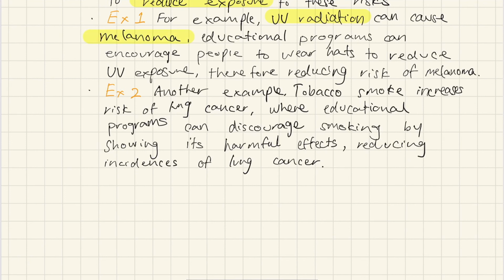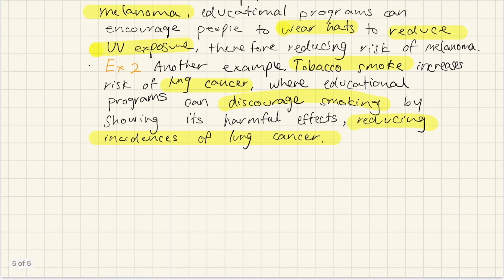We're going to include our first example, UV radiation and melanoma. We're going to say how we'll reduce that risk by wearing hats. And our next example is tobacco smoke and lung cancer. And we're going to say discourage smoking as a way to reduce it. And this ultimately reduces your chance of disease, which wraps up our question.